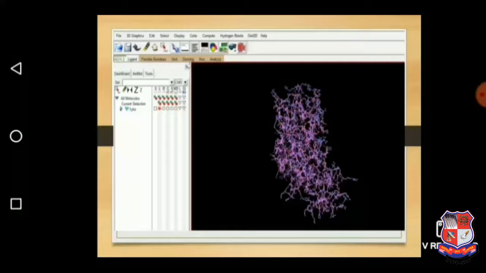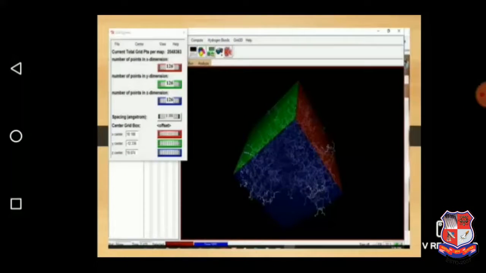Now this is virtual screening, showing how the protein will look, and these are the amino acids, and this is the structure. This is the grid, showing how you can put the grid line on the surface of the protein.